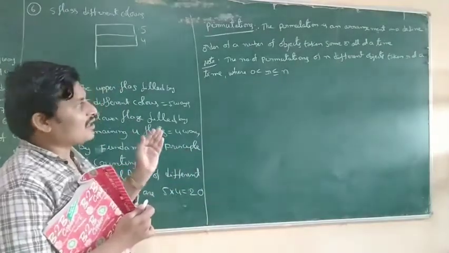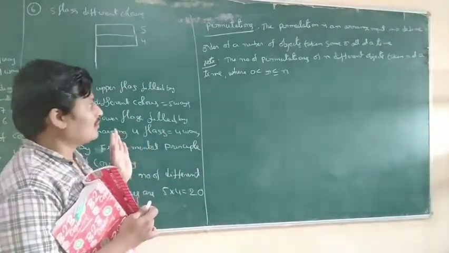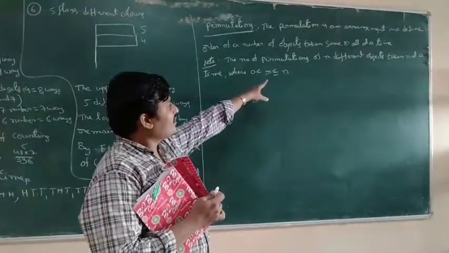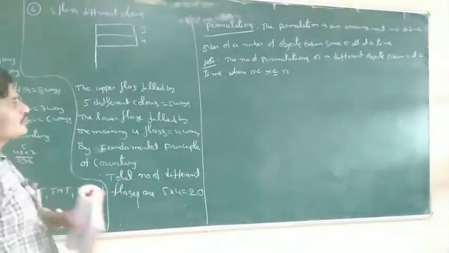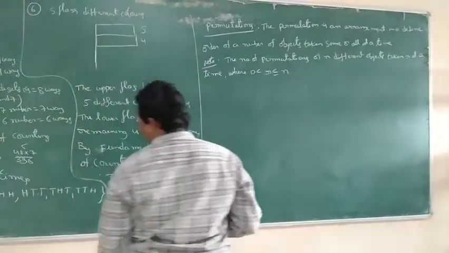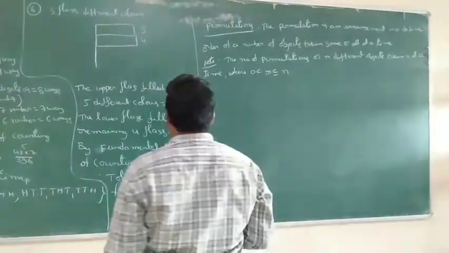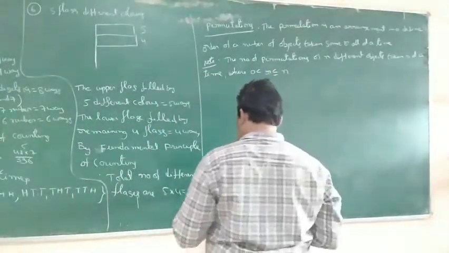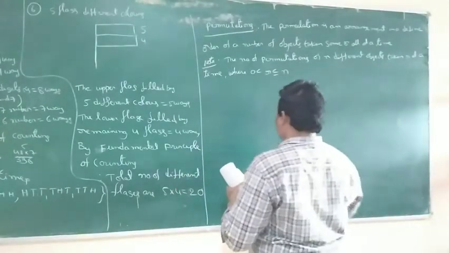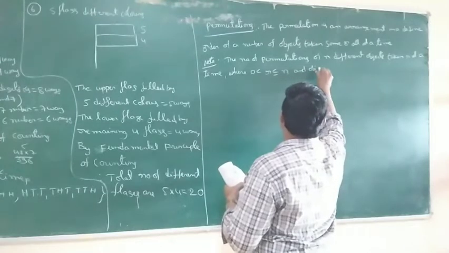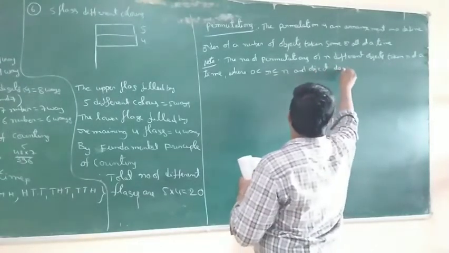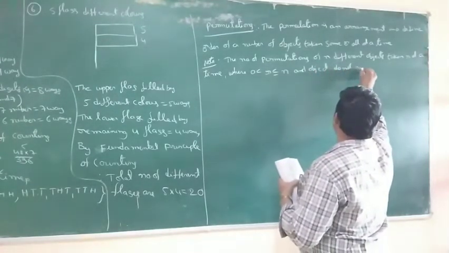Some means r below n, and all means taking n at a time, so the range of r is 0 to n. And the objects do not repeat.